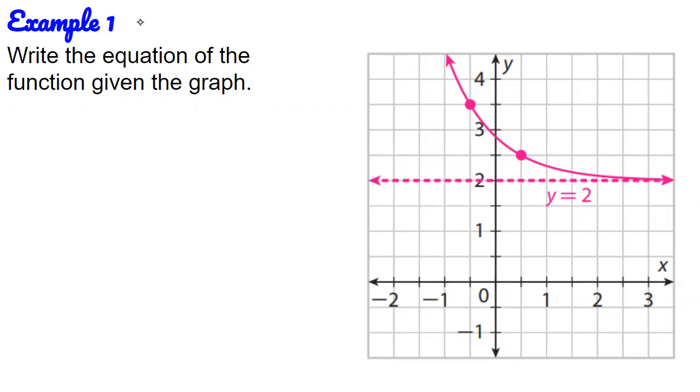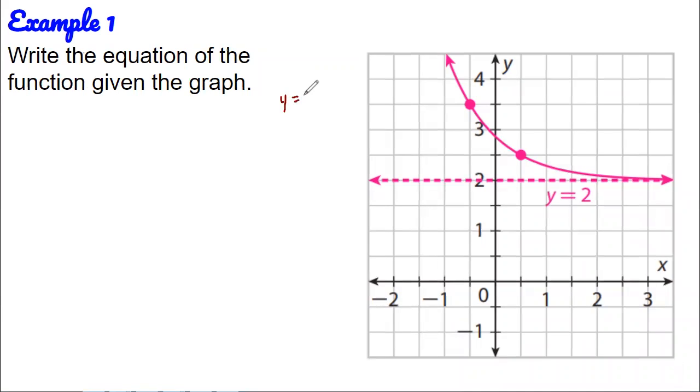Here's our graph. It says to write the equation of the function given the graph. Now, looking at our graph, can we find some items? Can we find the horizontal asymptote? Yes, what is my horizontal asymptote? 2. So we know that y equals 2.